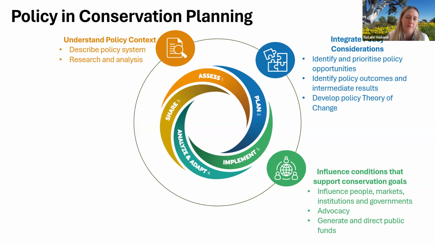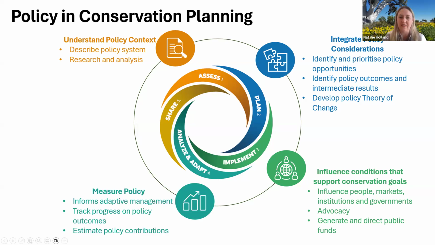The final tool that I'm going to share today is just one that helps you think through potentially some of the skill sets that might be needed to implement those policy interventions. And it also helps you think through what some of those actions might be. And then to complete the cycle, in the analyse and adapt phase, policy measures are just as important here as they are in a conservation strategy to enable that adaptive management.